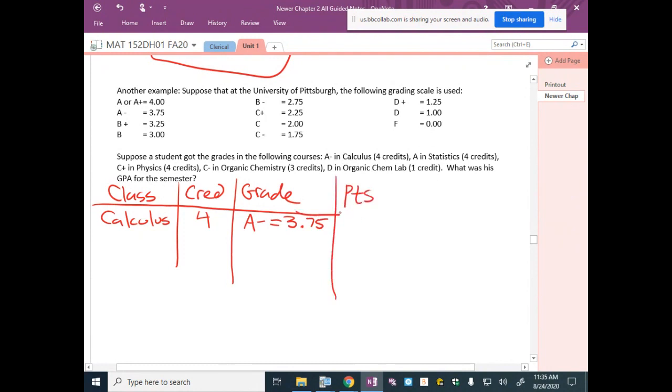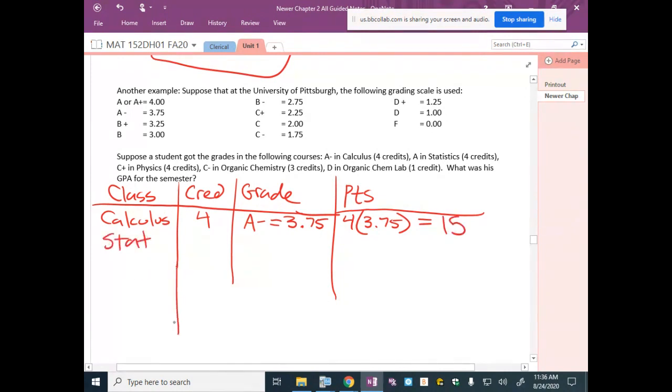But points, 4 times 3.75, where did the 4 come from? That is the number of credits. And the 3.75 is what came from the grade. Now, at Wayne Community College, this would have just been an A, a 4. And that's the case that people would have against plus-minus grading, but 15.